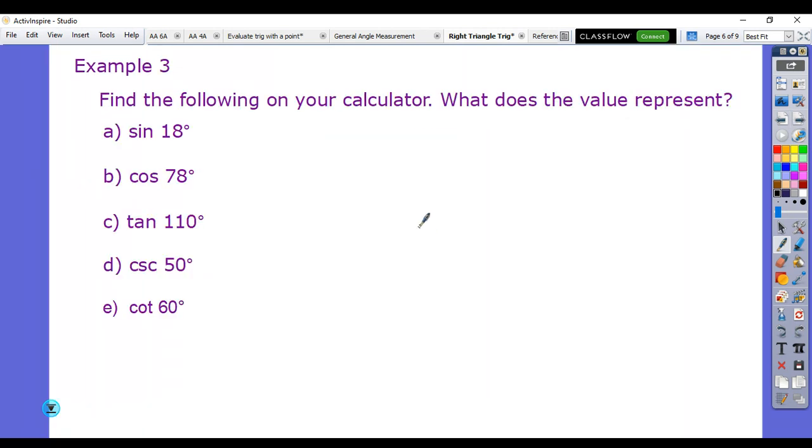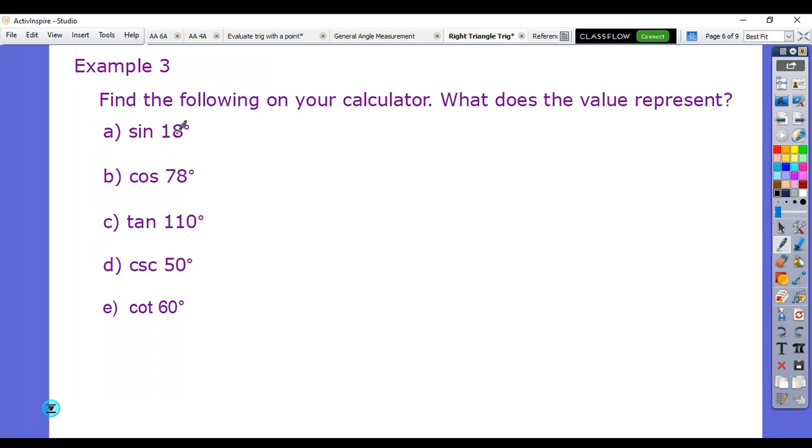All right, so the next thing we want to do is understand how to find these values on a calculator, because we're going to use these values to help us solve. If you have a calculator, you want to get that out. If you don't, just open the calculator on your phone and turn it sideways, because you want to get to the trig functions.